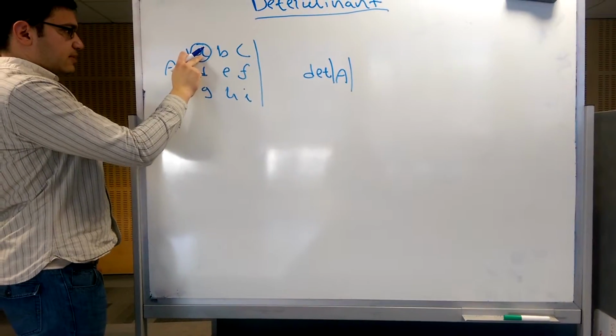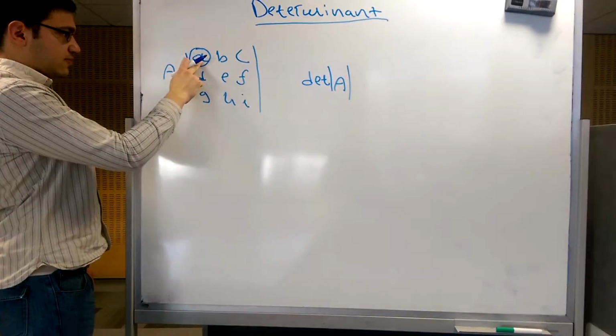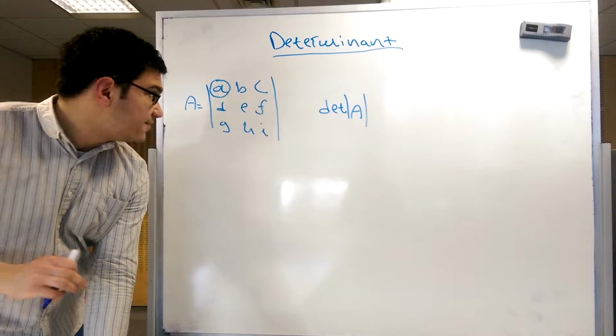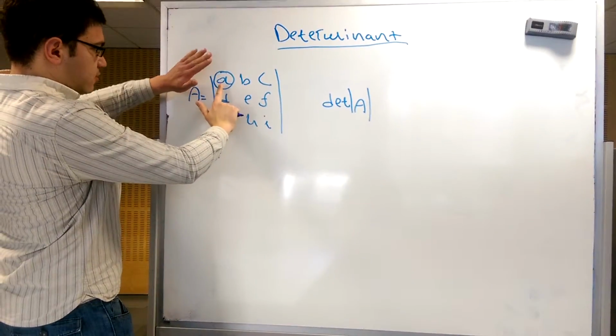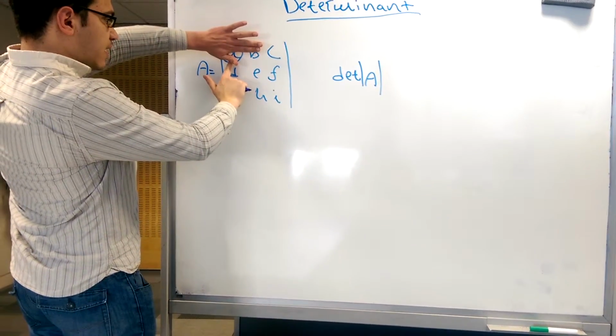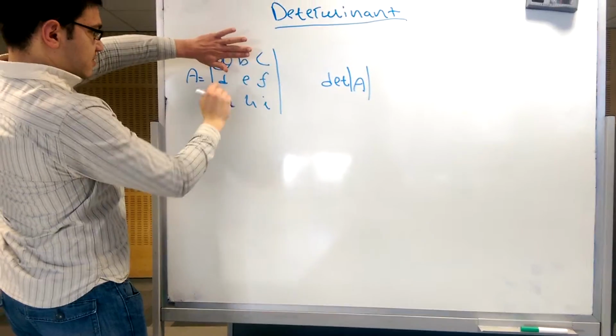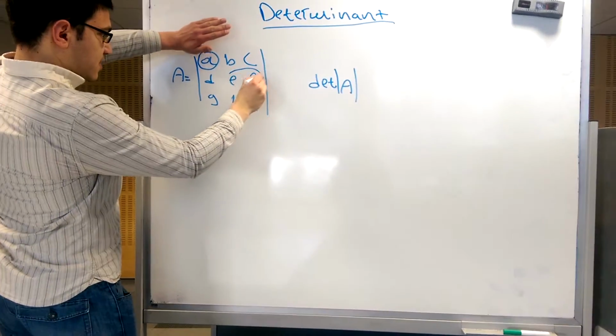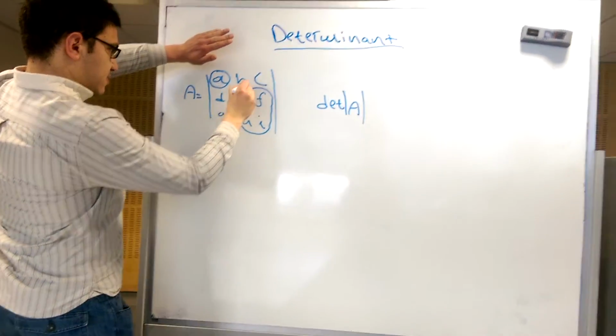taking the first element of the first row, then you have to cover its column and its row, and then you calculate the determinant of these elements here.